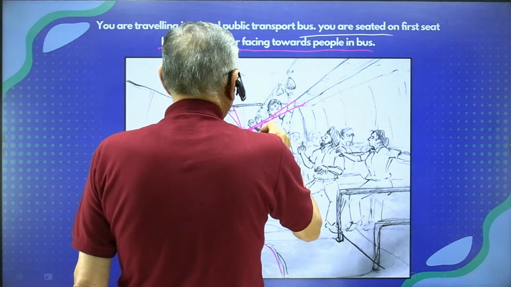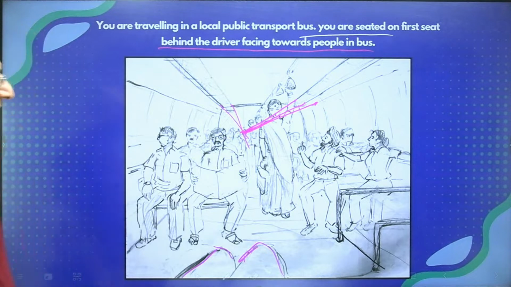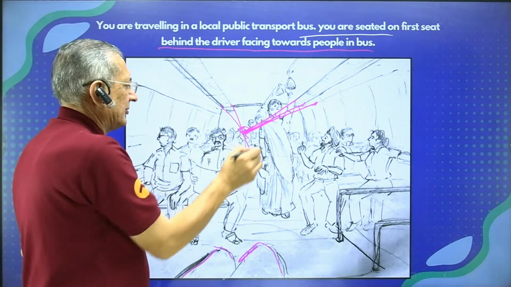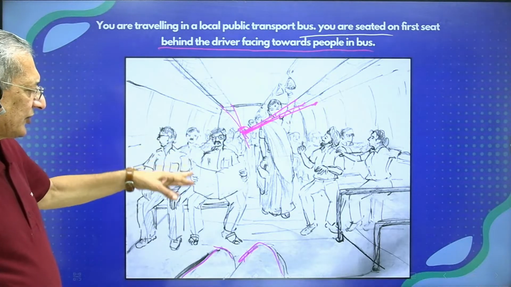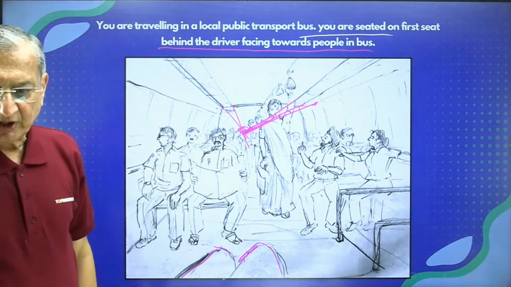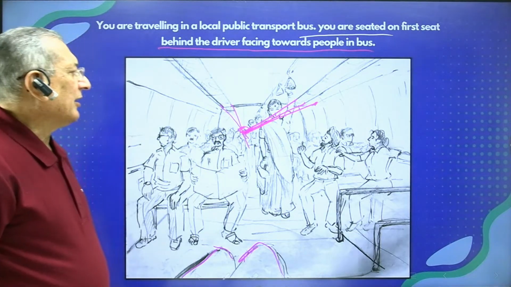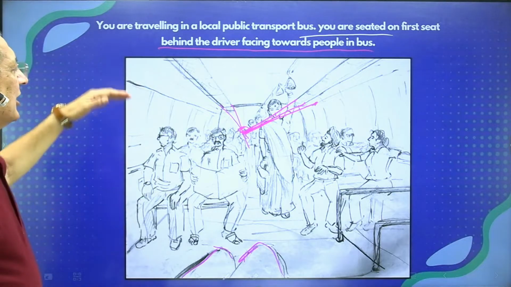You extend any two parallel lines, you will find your vanishing point. So your level is equivalent to these three people's eye level. Eye level is the same as the horizon. Okay, so you can understand now.